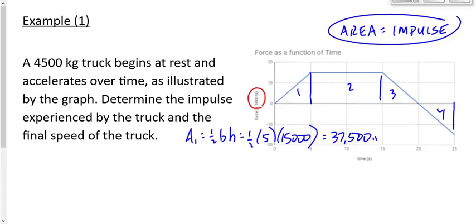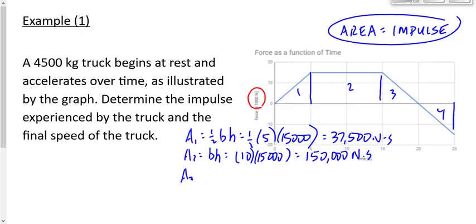We do the math there, we get 37,500 newton seconds. Now the second area is base times height, because it's just a rectangle. The base here goes from 5 to 15, and the height is still 15,000. So that's 150,000. The third one is a triangle again. The base goes from 15 to 20, so the base is 5.